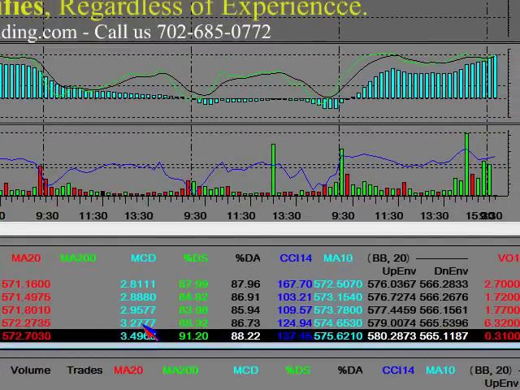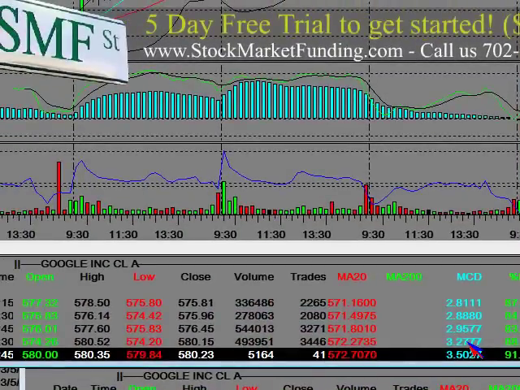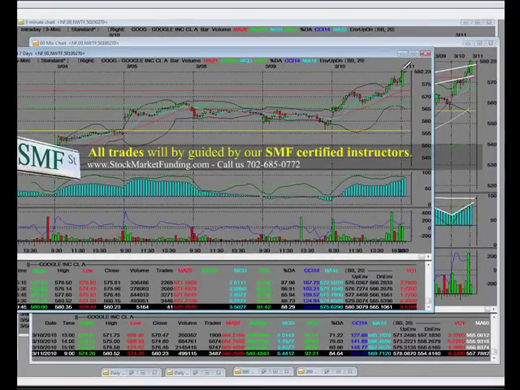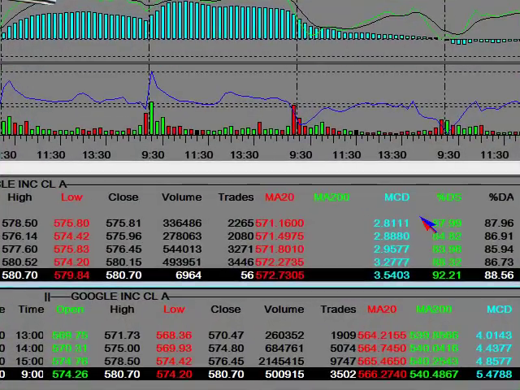And so here's the first bar of the day. We are just now hit, and we're going to start another 15-minute bar. Here's the top. So what the SMF Pro Traders are learning is, where is that 15-minute peak?